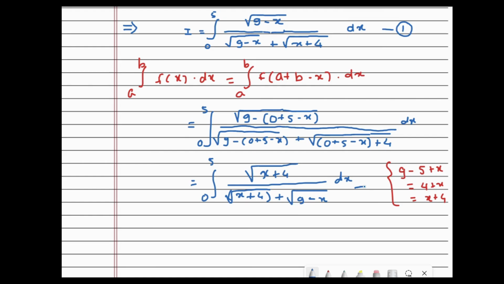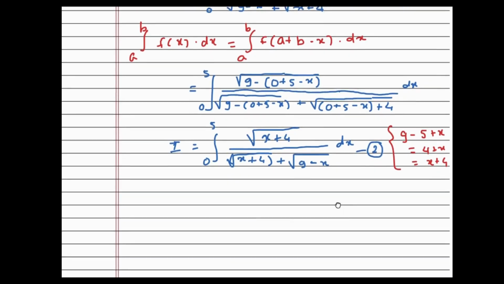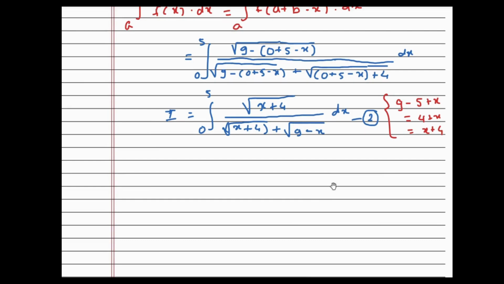So we call this equation number 2. Now simply if we add these both equations, we reach the solution of this problem. The steps are the same for all types of problems, whatever they may contain.